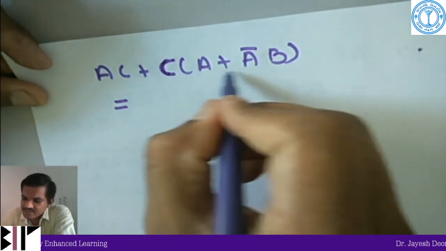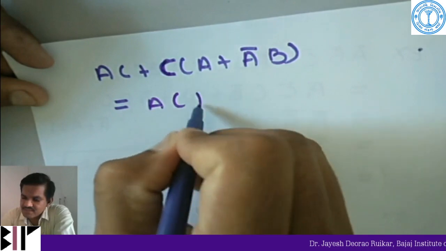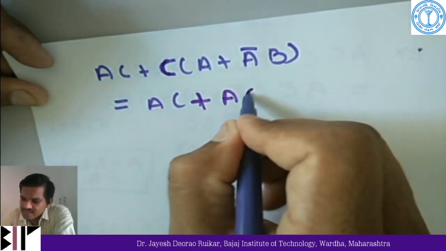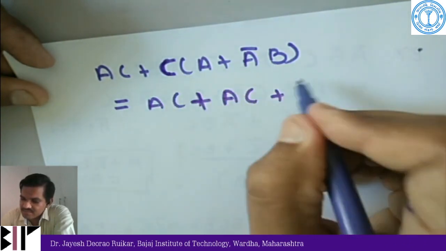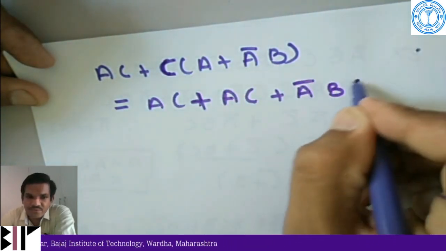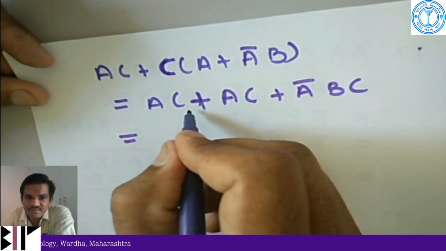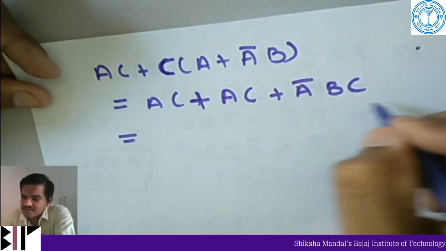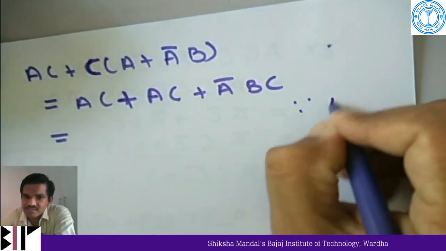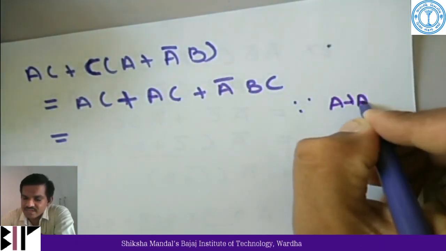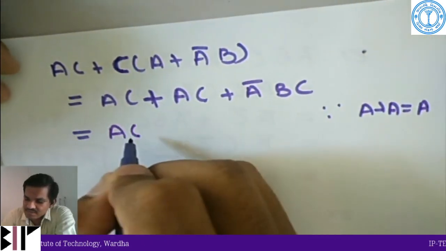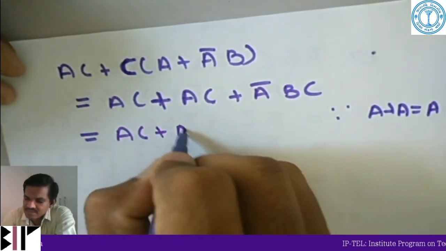A c plus c a means a c plus again a c, then c is multiplied with a bar b, giving a bar b c. Now a c plus a c, that is a plus a, and a plus a is equal to a. So this a c plus a c, only one a c is there, a c plus a bar b c.